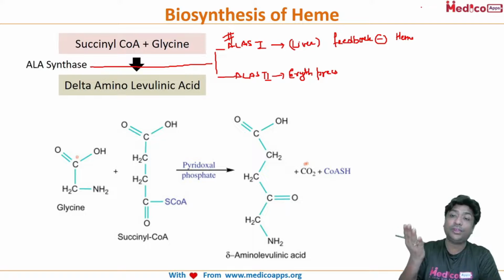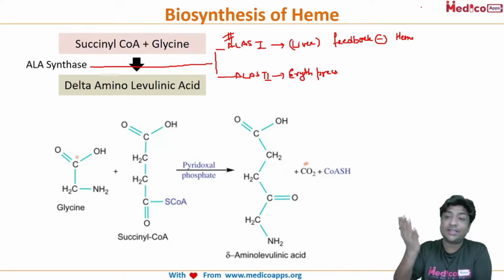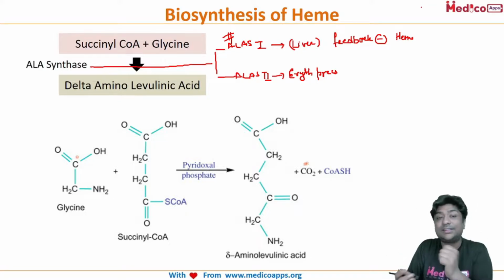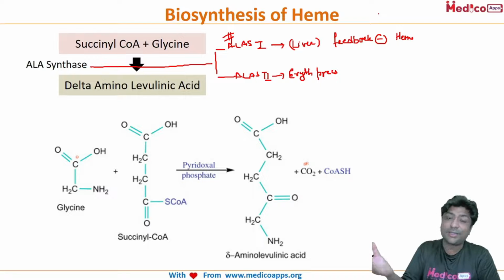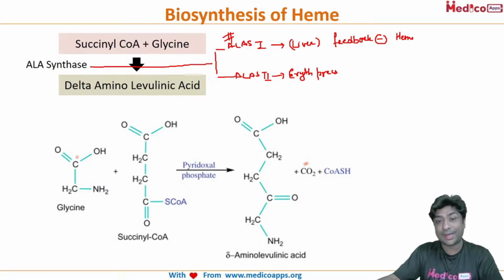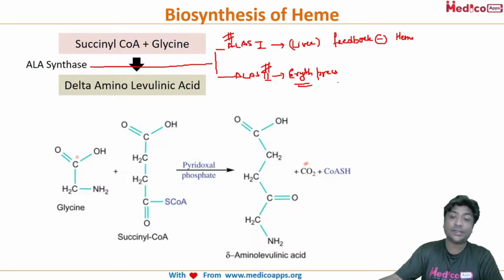As the amount of heme increases, ALA synthase will decrease. As the amount of heme decreases, ALA synthase will increase. This is very logical, because if you have an increased amount of heme, you don't want ALA synthase to be more active. Whereas ALAS2, found in erythroid precursor cells, has no feedback inhibition from heme.